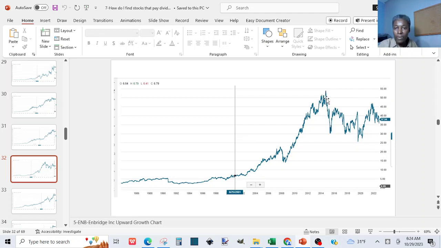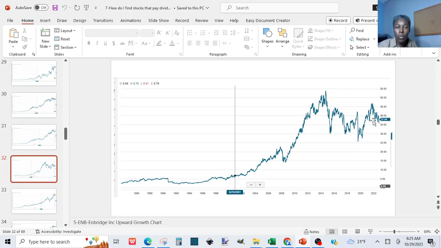Although you can see the growth and the dip, the big up and down, there is a lot of smaller zigzag, and you can see the obvious growth. Between 2012 and now, you can see that growth and dip there. So I put it under upward.